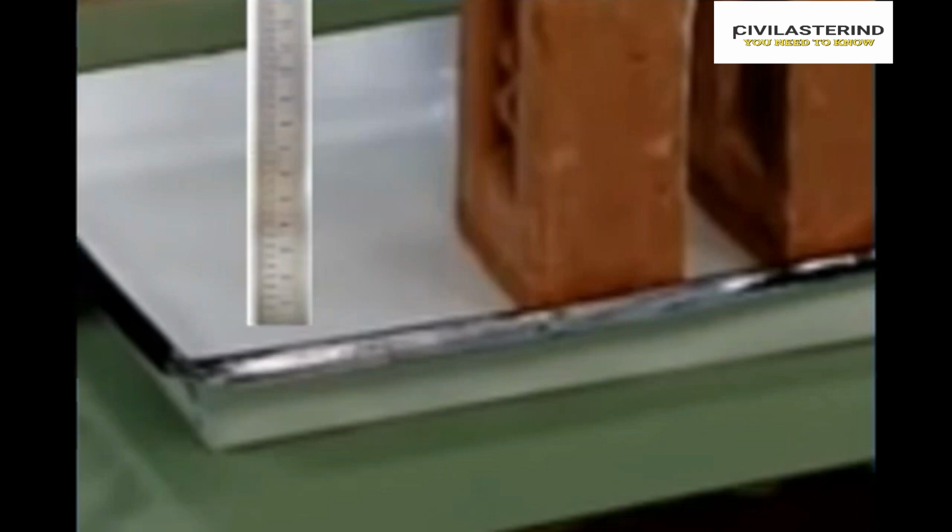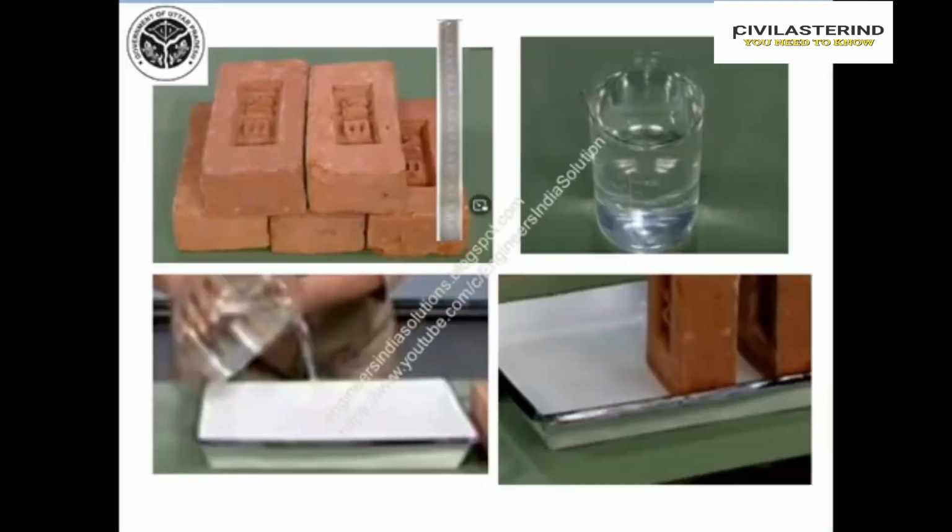So this is the second time that we are pouring water inside the tray and maintaining the level of 2.5 centimeter, and we leave the tray, the bricks and the water alone so that the bricks can absorb the water and the water dries up.